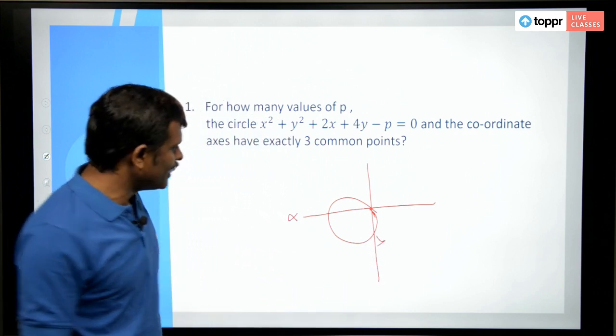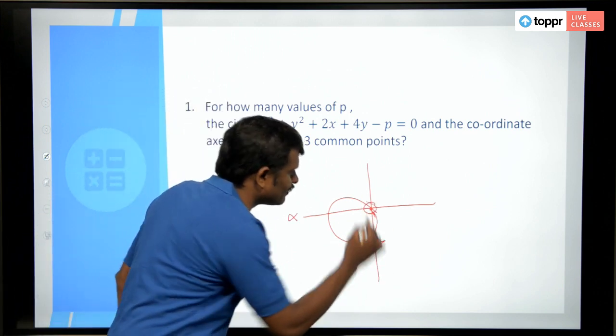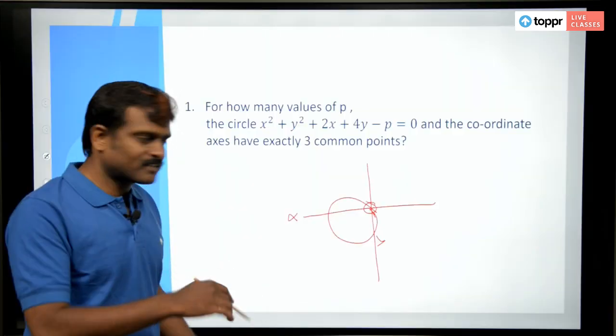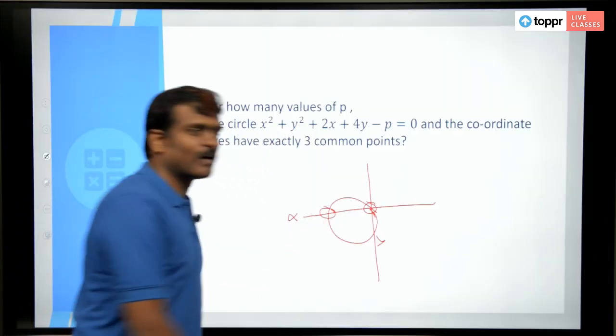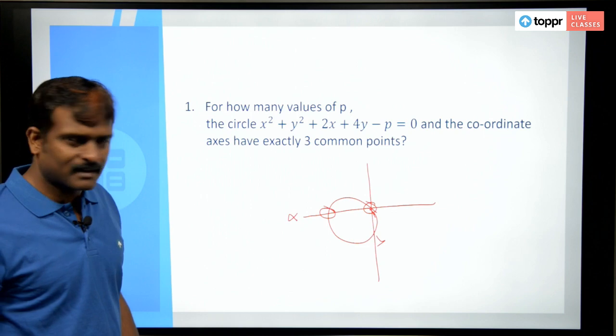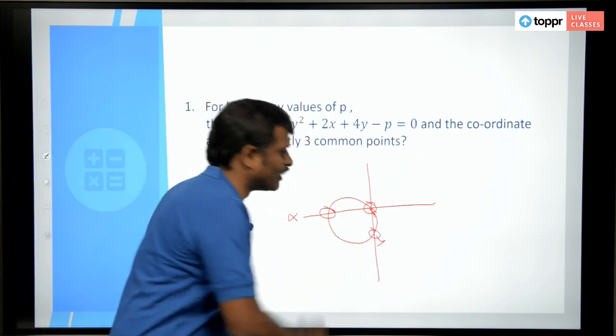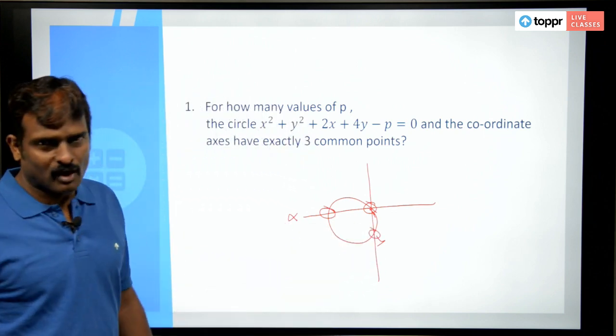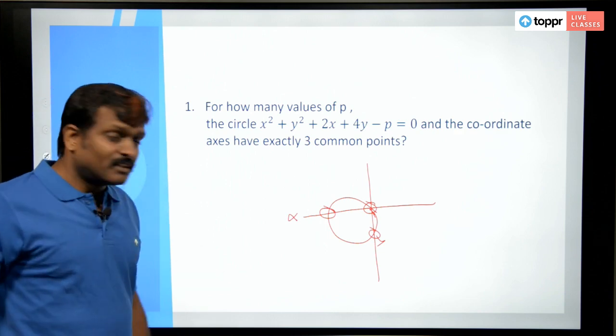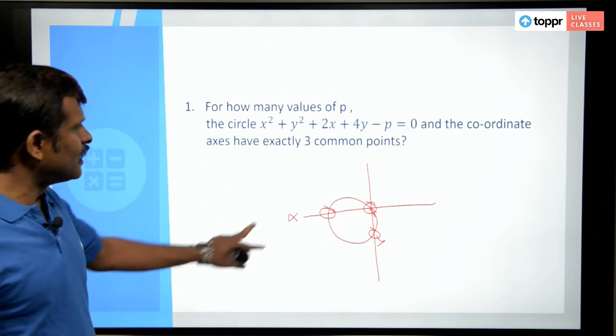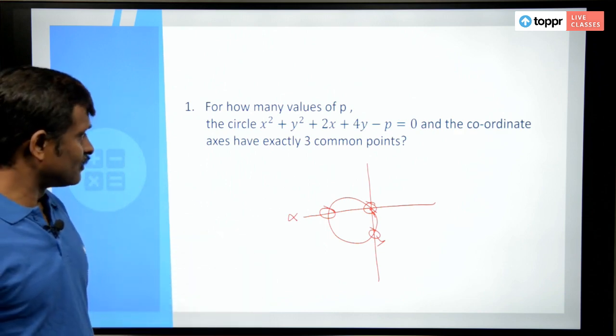Now, if you see how many common points we have, the origin, the x intercept and the y intercept are the common points. So, here we have 3 common points with the coordinate axes. So, this is one case.